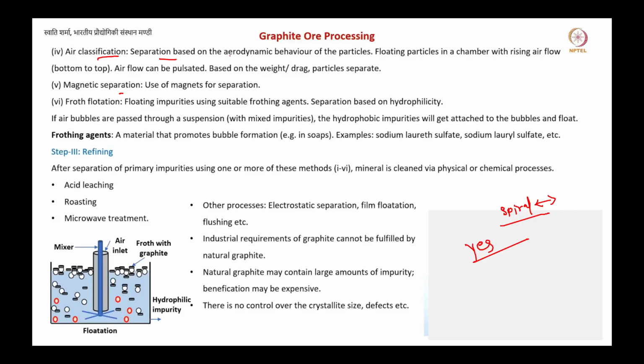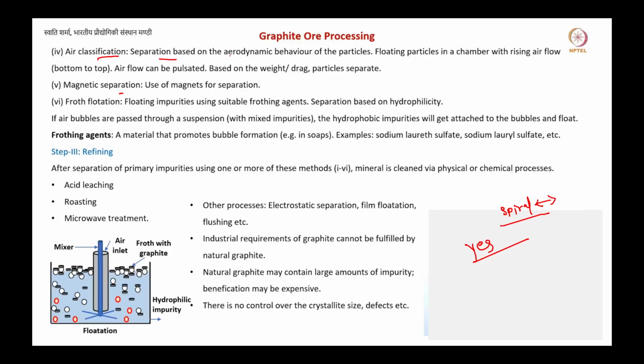If two materials are there, one hydrophobic and another hydrophilic, then based on the hydrophilicity we can separate them, because we have put in some frothing agents. Air bubbles are passed through a suspension. The impurity which is hydrophobic in nature will get attached to the bubble and float, and your material which is hydrophilic will remain at the bottom. In this way, in froth flotation, you will get separation.